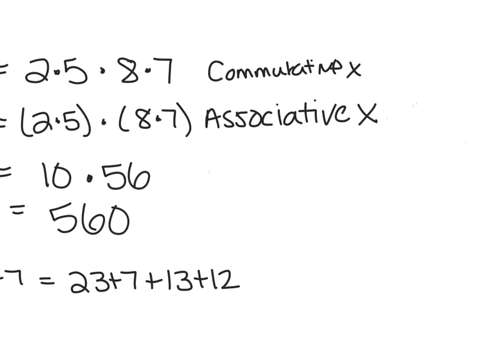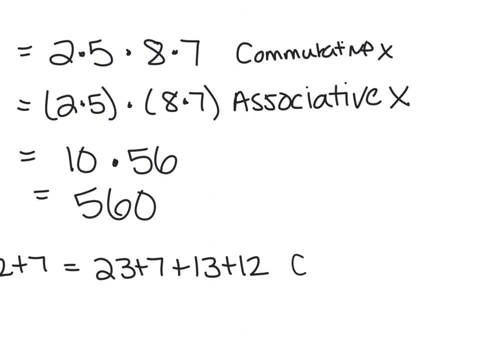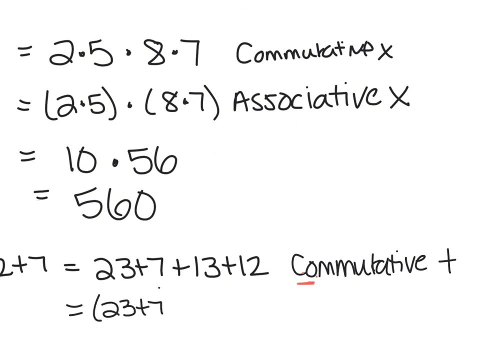And we could change the order by the commutative property of addition this time. And notice CO, commutative, you could think it stands for change order as another way to remember that. So now I'm going to group my numbers together how I want to add them up. So I'm going to do the 23 plus the 7 first, then I'll do the 13 plus the 12.